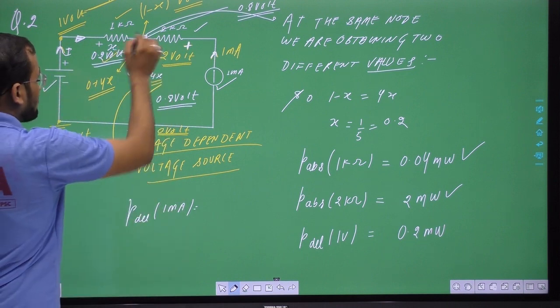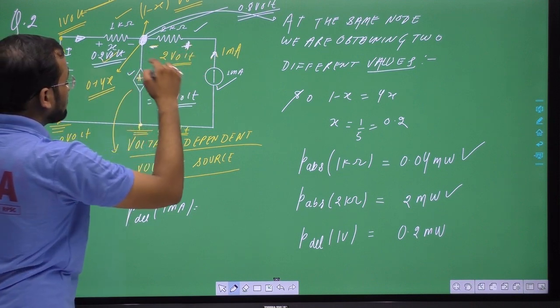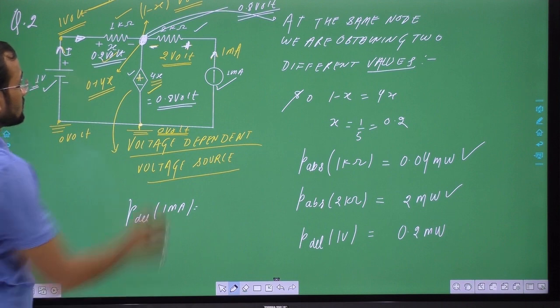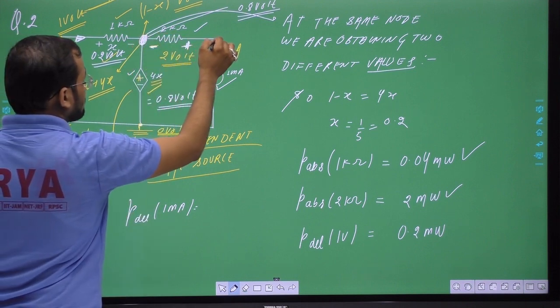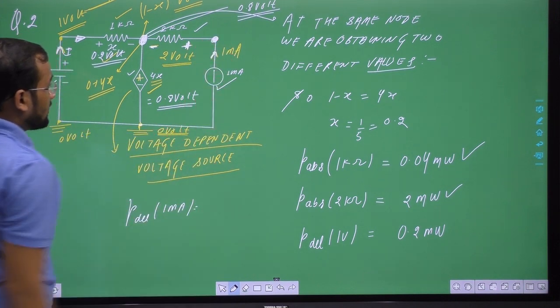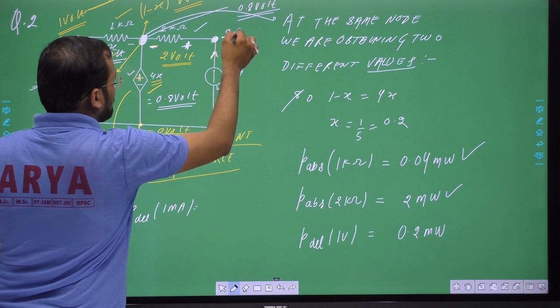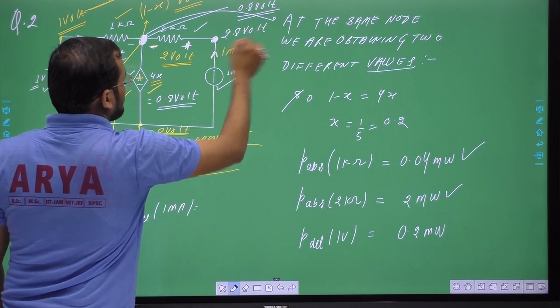Okay, the value at this point is 0.8 volt. With respect to 0.8 volt, here we are leaving with the positive sign, so we have to add this positive value. So 0.8 with respect to ground, and the voltage at this node with respect to 0 volt will be equal to 2.8 volt.